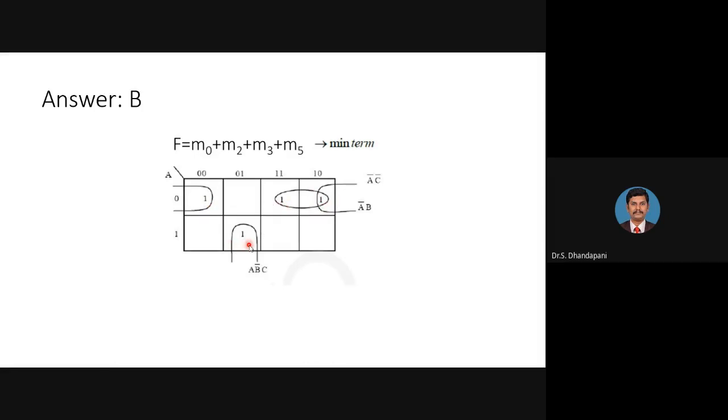Simply we will draw the K-map. So after drawing the K-map, we can write the equations. After writing the equations from this K-map, it is very simple, the answer is B. It is matching to the problem. It is a straightaway question. There is no complexity in this question as such.